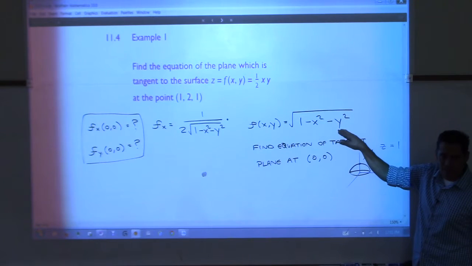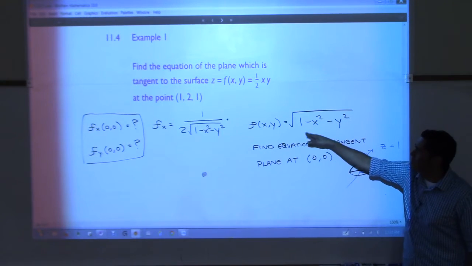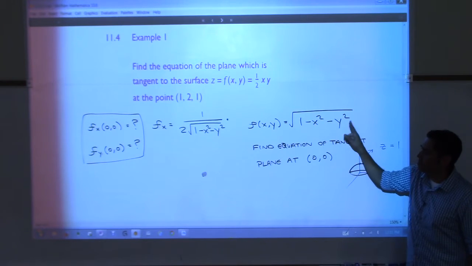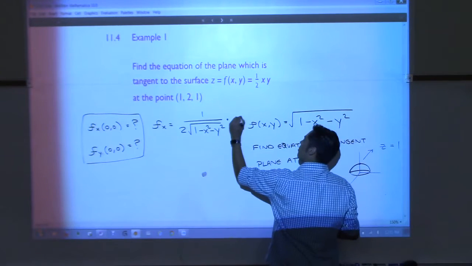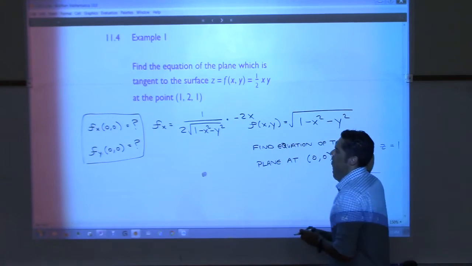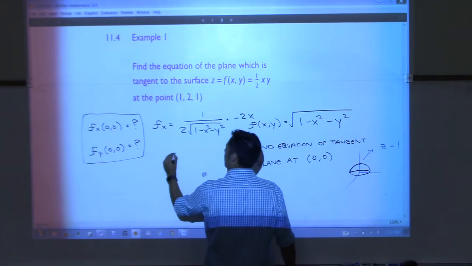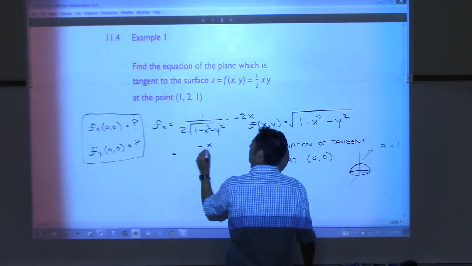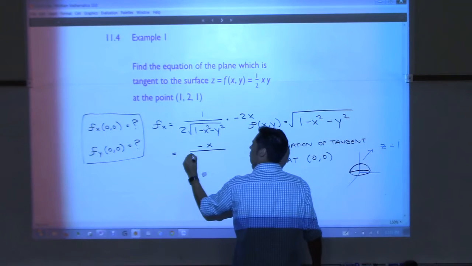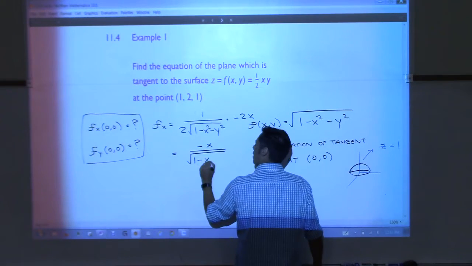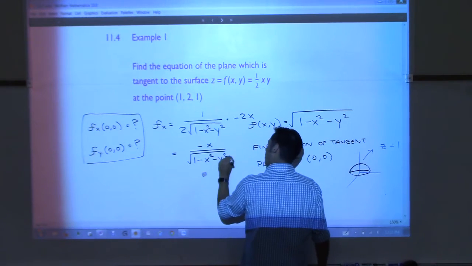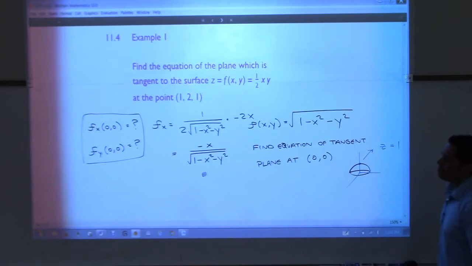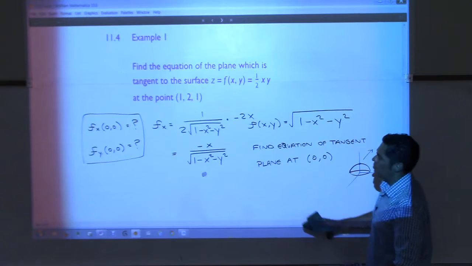So I'm treating y like a constant. So 0, negative 2x, 0. So negative 2x. And what does that become? Negative x over the square root of 1 minus x squared minus y squared. Yep, that's what the partial of f with respect to x is.